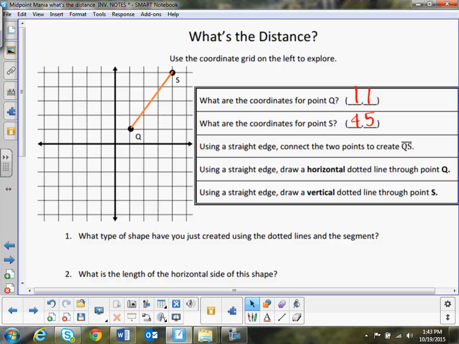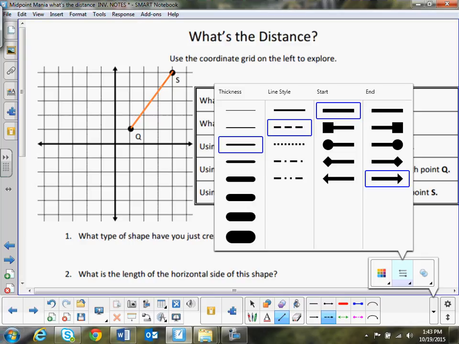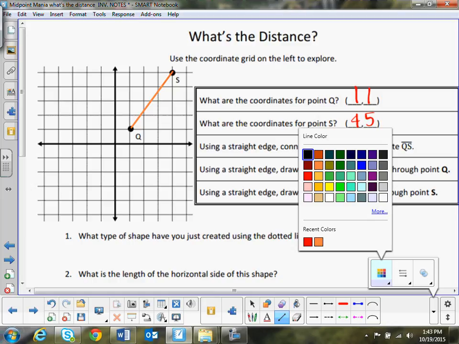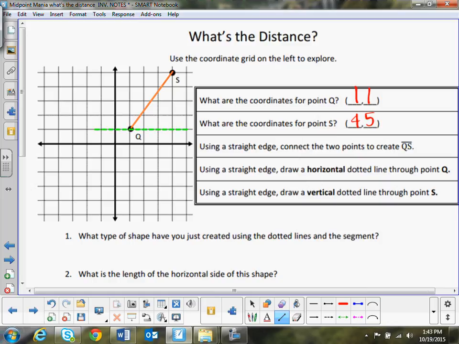Then it says using the straight edge, draw the horizontal dotted line through Q. And then it says draw a dotted line vertically through point S. So draw vertical.